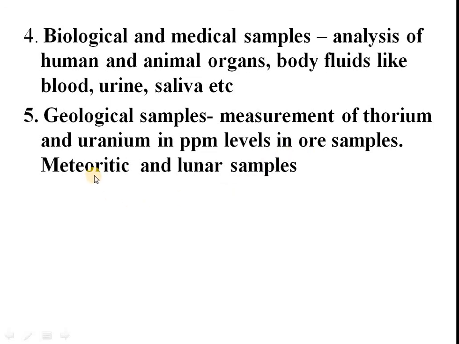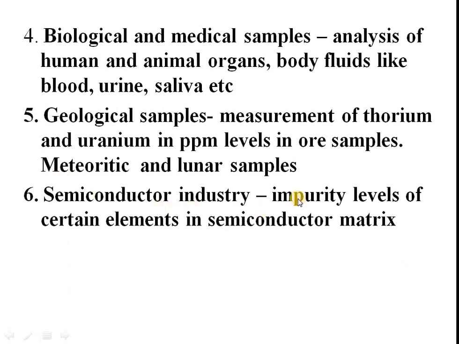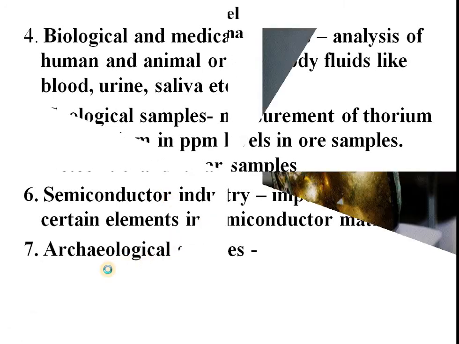And meteoritic and lunar samples are also important. In space exploration also, PIXE is used. And the semiconductor industry for measuring impurity levels of certain elements. How crucial is the presence of certain dopants in semiconductors. That is crucial in deciding their properties.